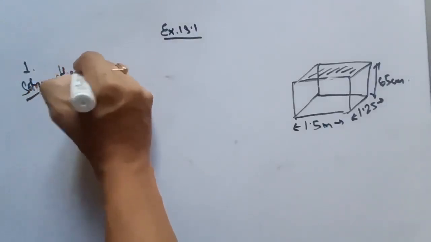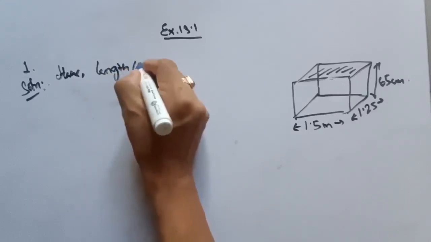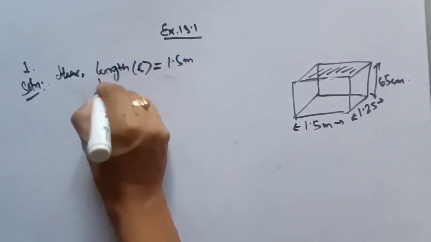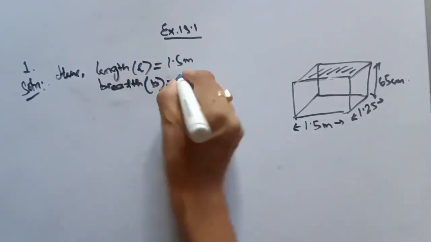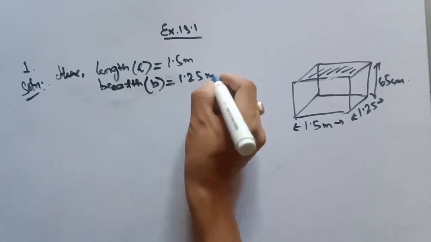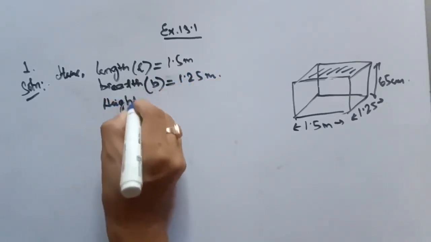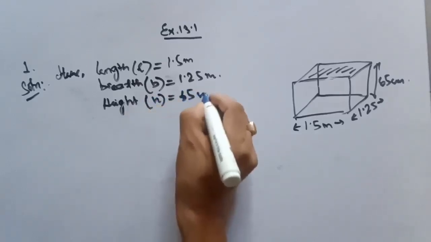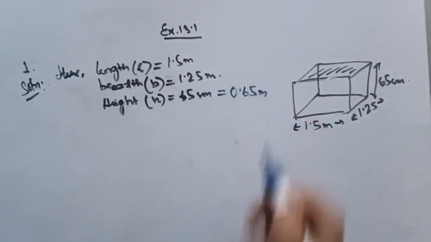Here length l equal to 1.5 meter, breadth b equal to 1.25 meter, and then height h is equal to 65 centimeter, which is equal to 0.65 meter.